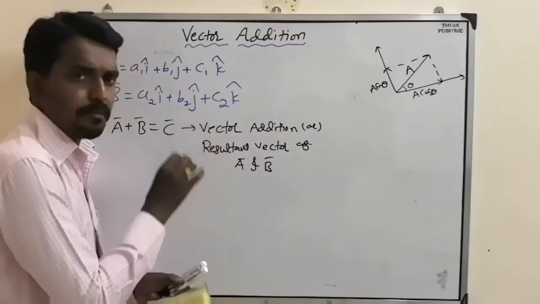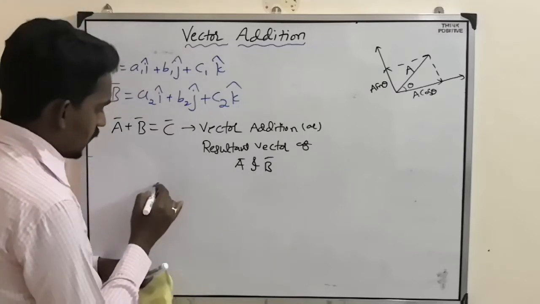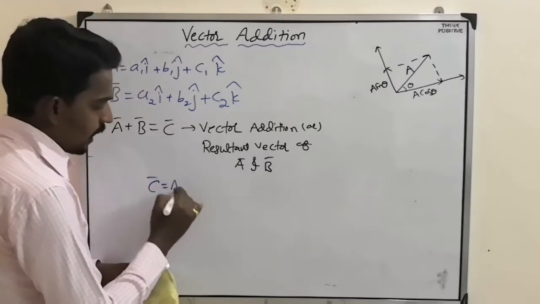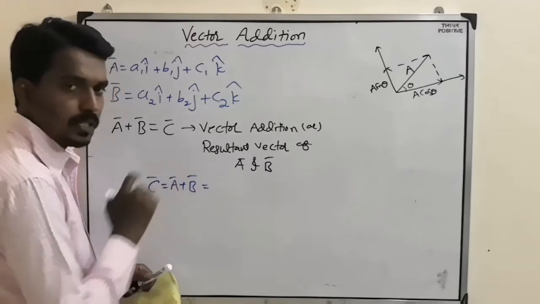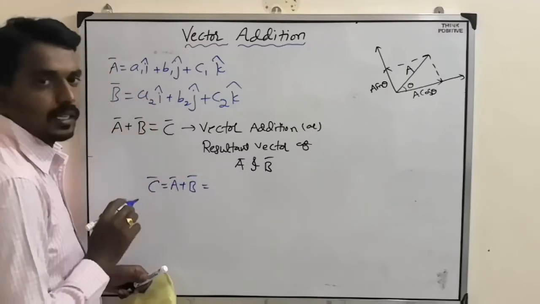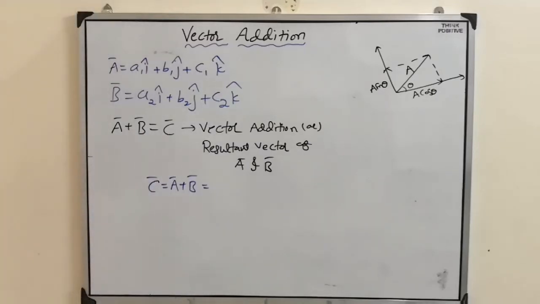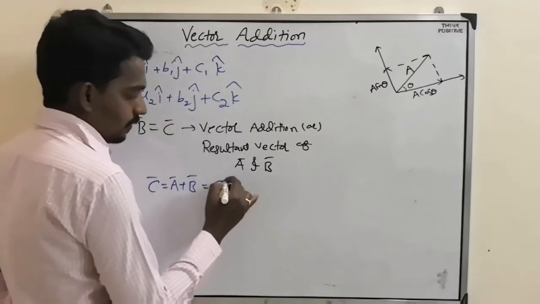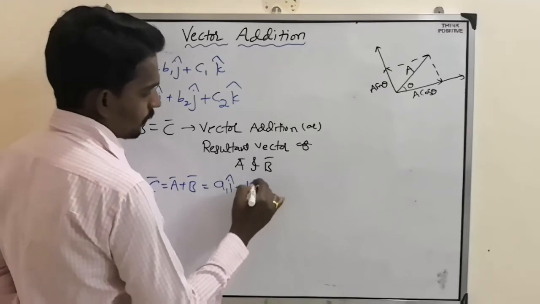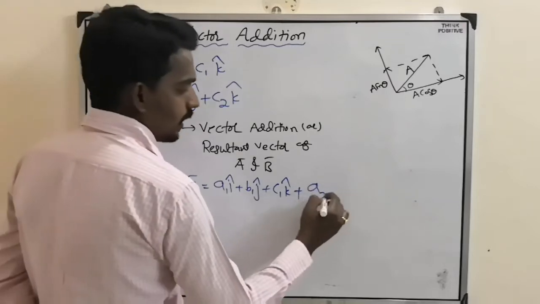But this is very simple if they give it in the vector form. C bar will become A bar plus B bar, where for A bar plus B bar you have to write A bar, then write B bar.